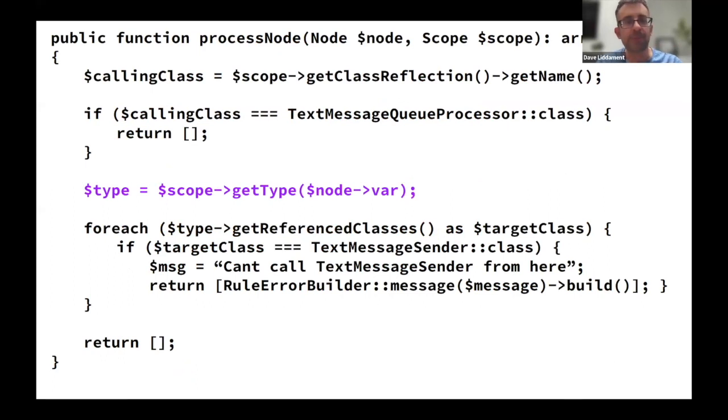So type will be whatever type the var is, and then the next step is we say, get me any classes that type could be, because type could be anything. It could be a string, it could be an int, or maybe it is a class. And you might say, well, if it is a class, how is it we can have multiple classes?